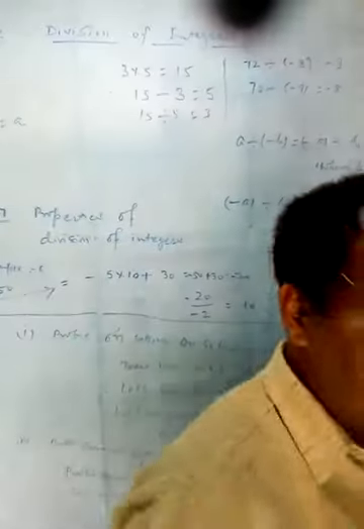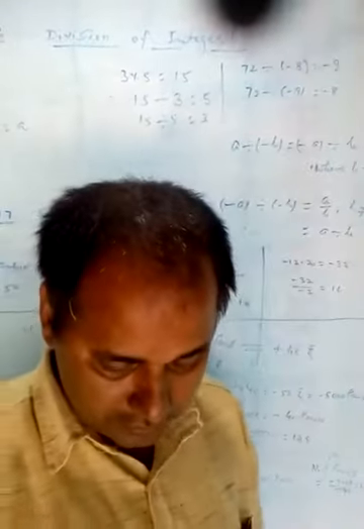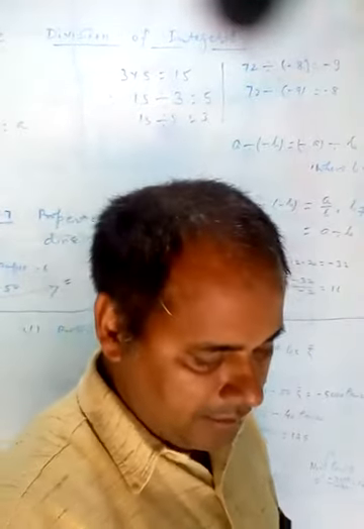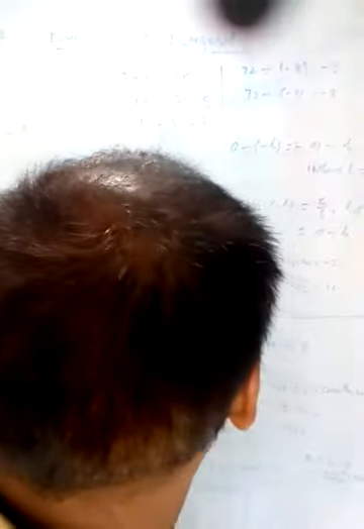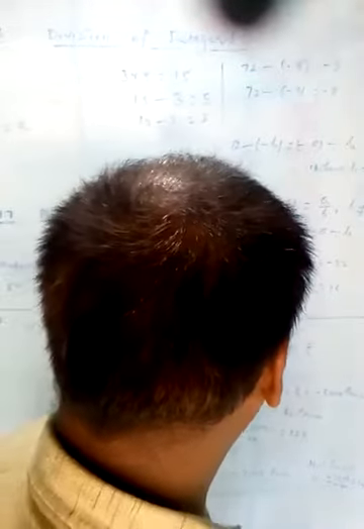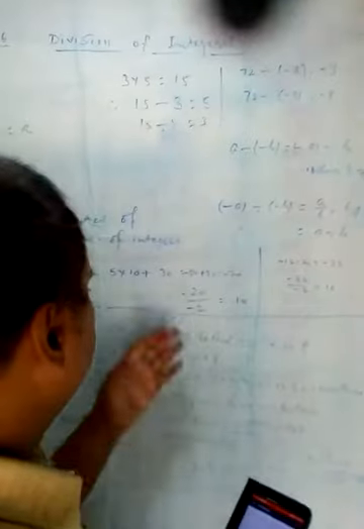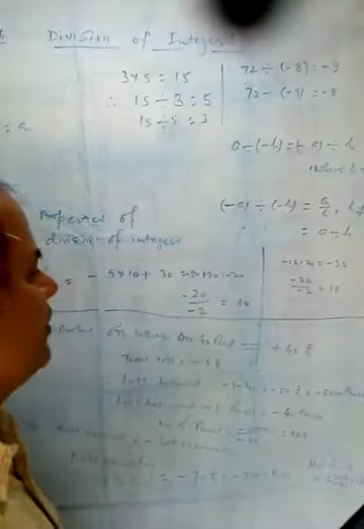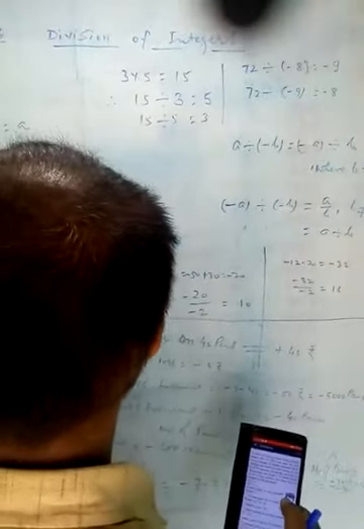Radhika's score is 30. That means 20 marks have been deducted for her wrong answers. That will be -20, and for a wrong answer -2 marks is deducted. So -20 divided by -2 is 10. That means she has done 10 wrong answers.